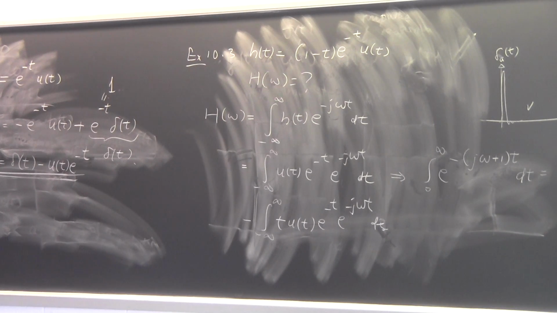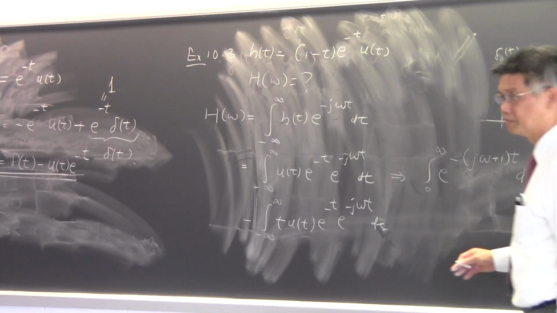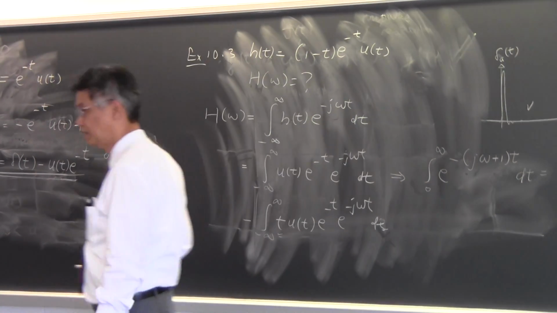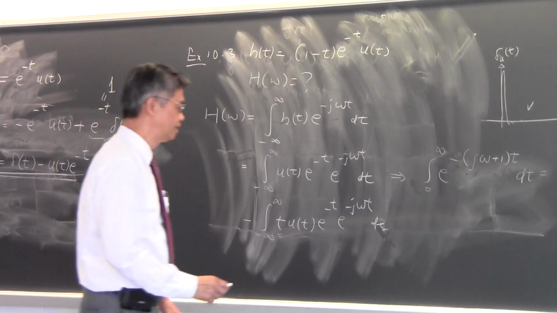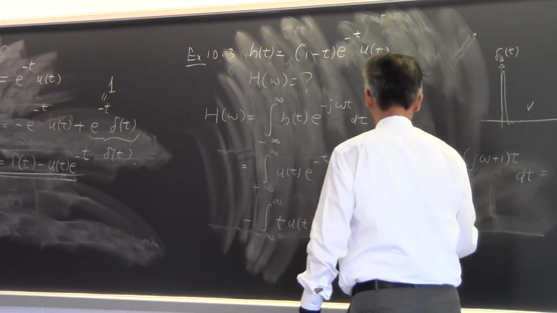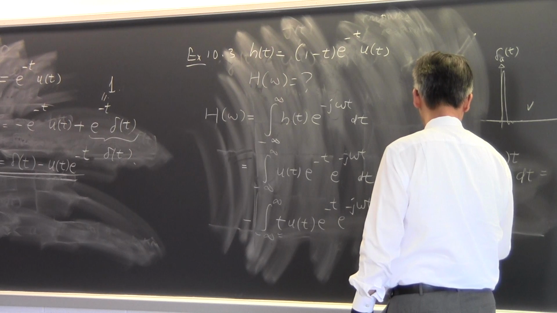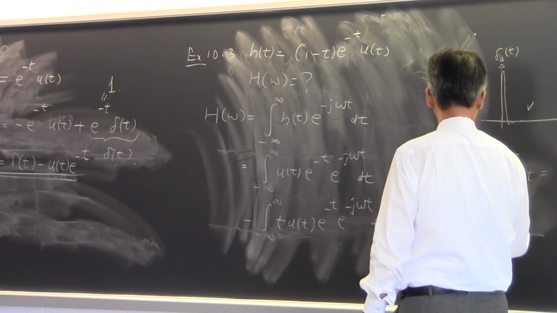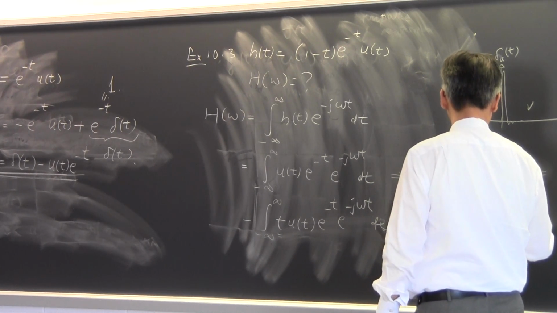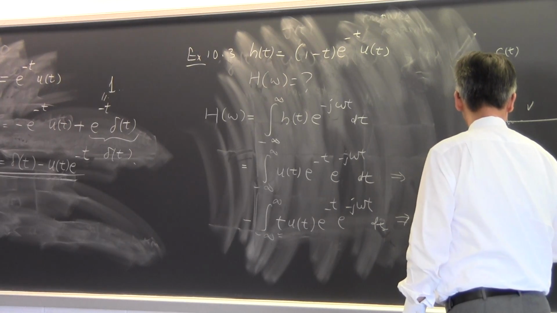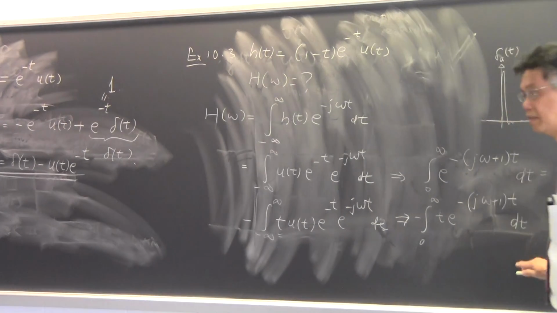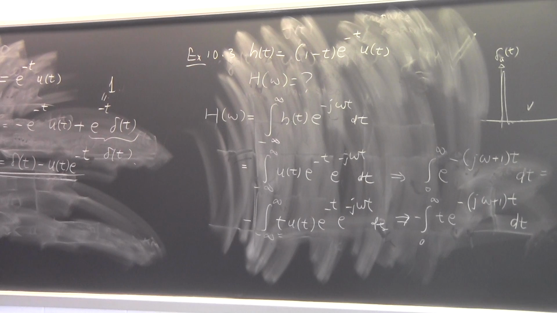The second term, how do you integrate the second term? When you have this linear t involved, it can be written as minus the integral from 0 to infinity of t e to the minus (j omega plus 1) t dt. How do you integrate this term?